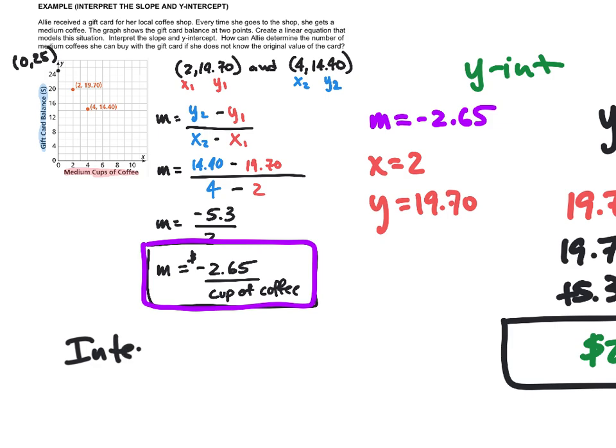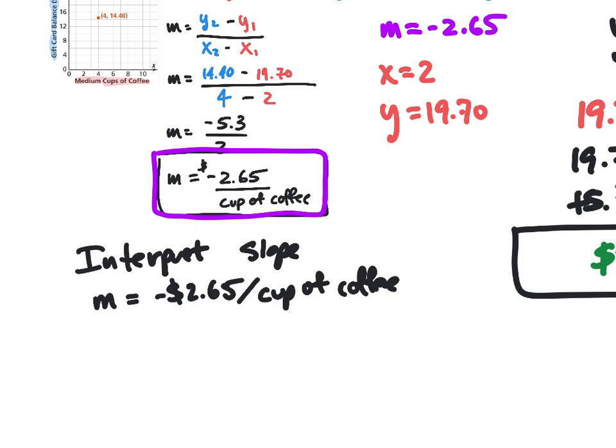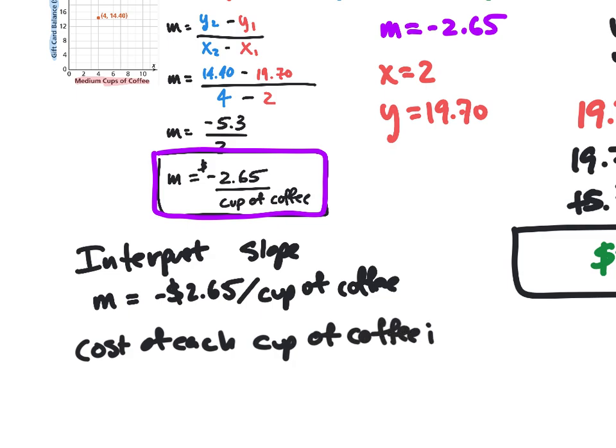If our slope is negative $2.65 per cup of coffee, what we could say is that the cost of each cup of coffee is $2.65. However, what we want to talk about is the slope itself.